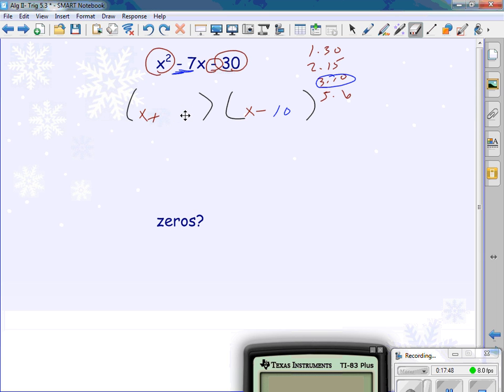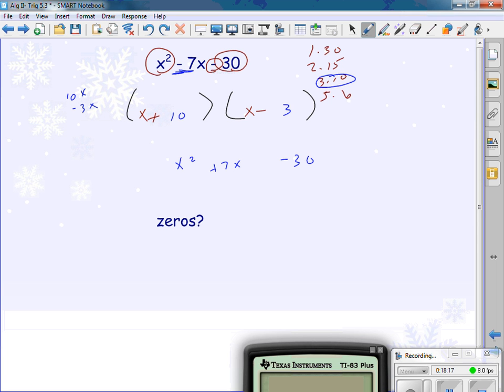If I put them in the wrong spot, if I put plus 10 minus 3, x squared. 10 times -3, I get the -30. But x times -3 is -3x. 10 times x is 10x. 10 minus 3 is 7x.